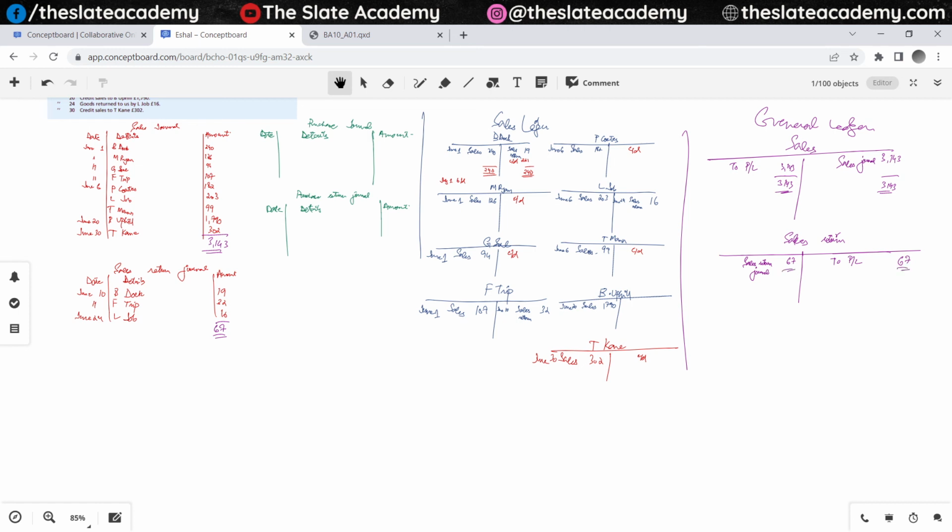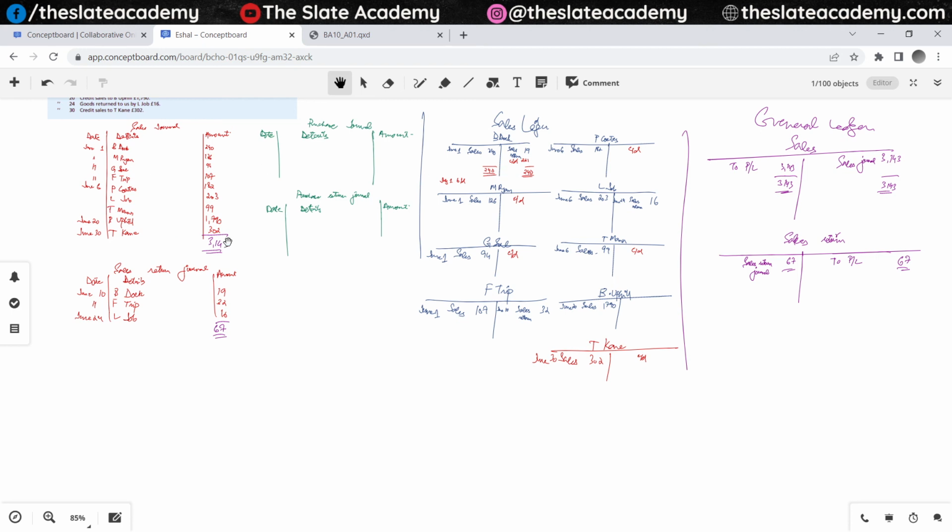Easy. So this is how we draw the sales journal and sales return journal. The pattern of purchase journal and purchase return journal would be exactly the same. The same way we'd be just making a list on those particular days of amounts. Those amounts get taken to the sales and purchase ledger to the particular T accounts of the persons we are buying the goods from or selling the goods to.